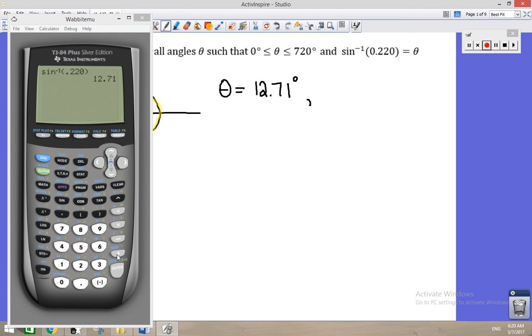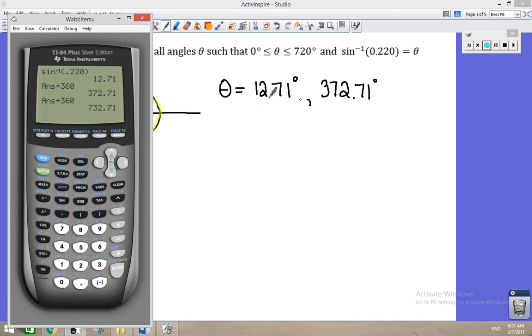If I add 360 to that, I'll have a coterminal angle that will have the same sine ratio. But when I add another 360, I'll be above 720.